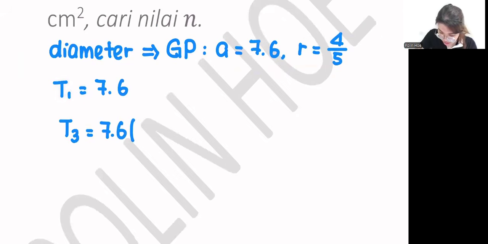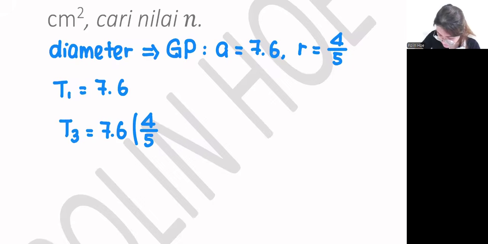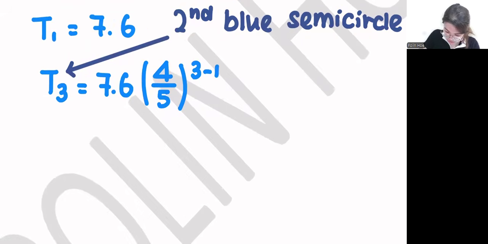A, R, n minus 1. Here, T3 is the second blue semicircle. I get 608/125.